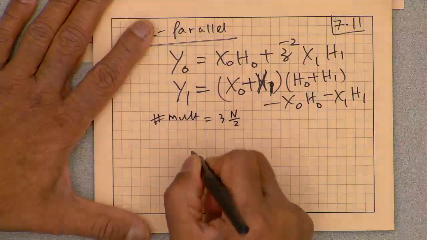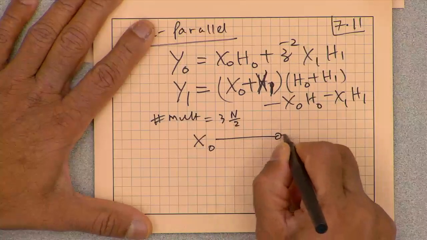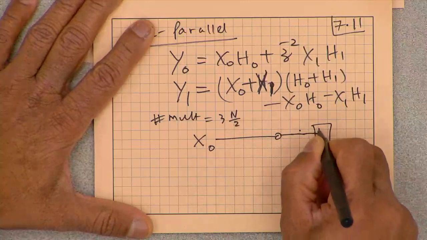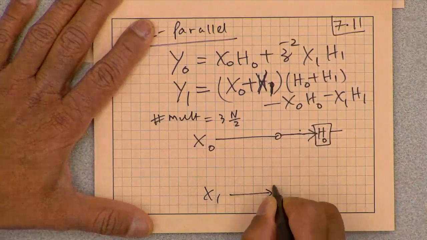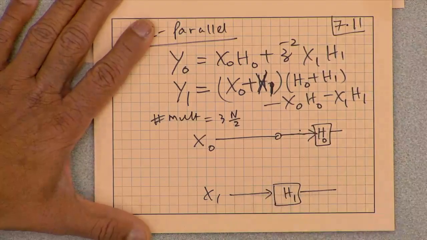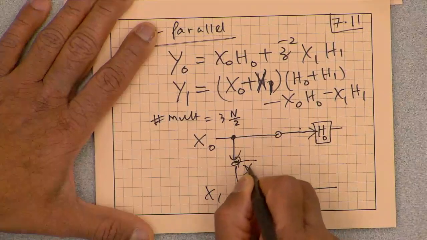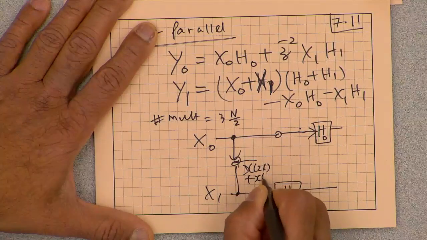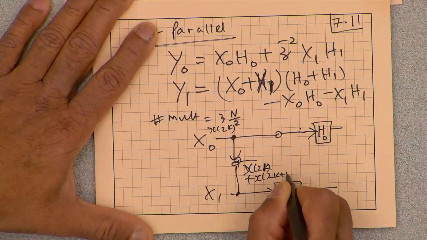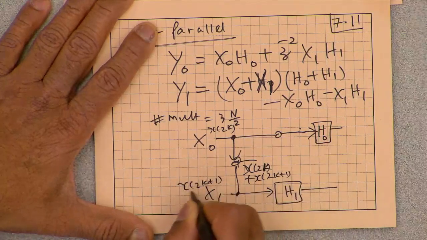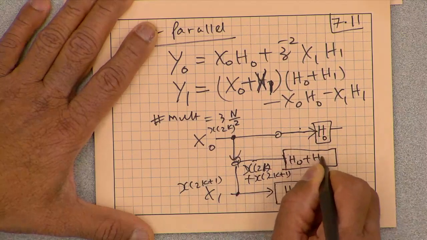So I can describe that as x0, which is x2k, filtered by the even filter h0, x1 filtered by the odd sub filter h1, and add these two. So I have x2k plus x2k plus 1. So this is odd. This is now filtered by h0 plus h1.